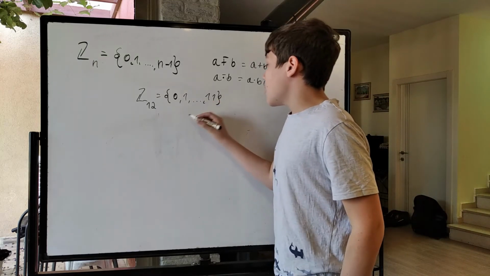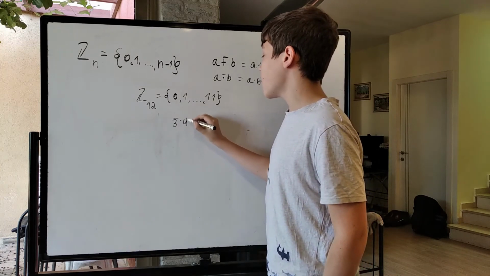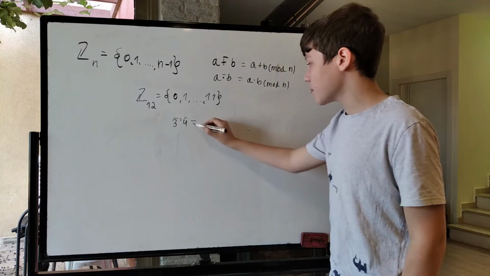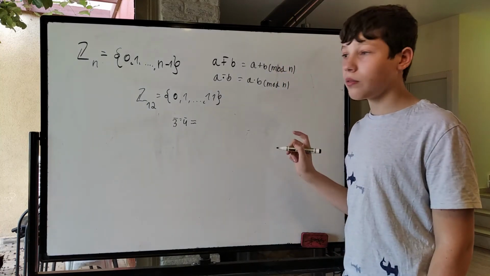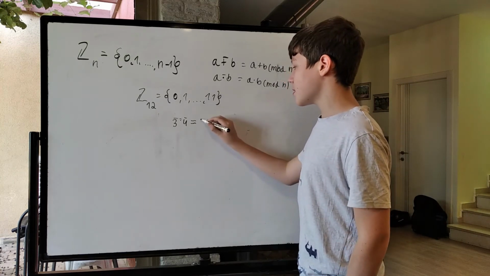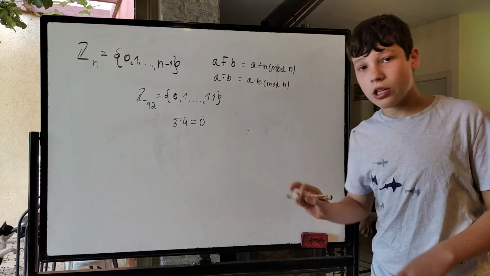Because, well, let's look again. What is 3 times 4? I'm going to put the lines here this time. So what's 3 times 4? Well, that's 12. But modulo 12 gives us the 0 of the field. Does this lead to a contradiction?